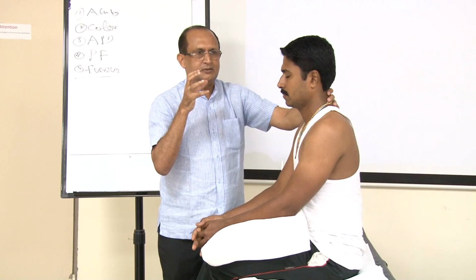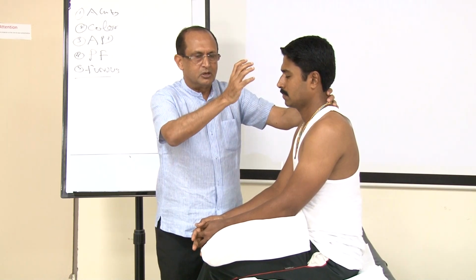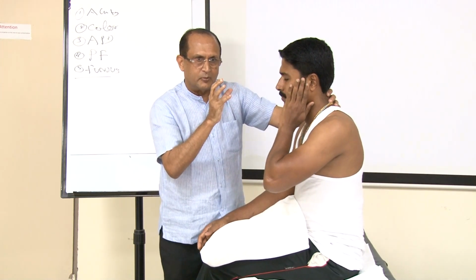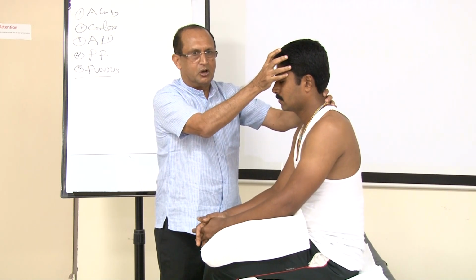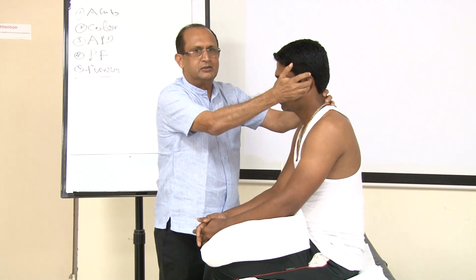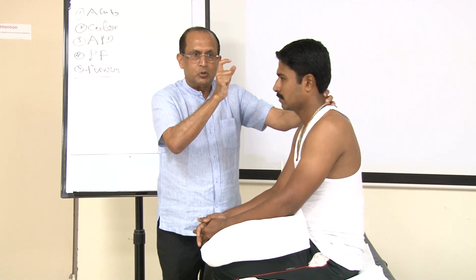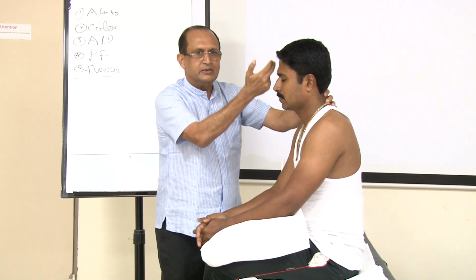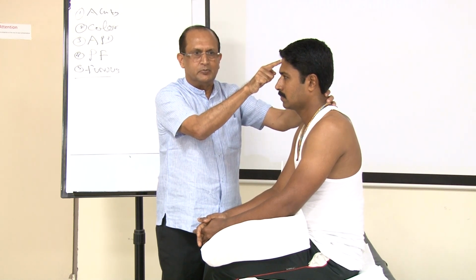The light falls on the retina, and this is conveyed through the macula to the optic disc. Through the optic disc it goes to the optic nerve, then the optic chiasma, then the optic tract, then the lateral geniculate body. Here the fibers for the pupillary reflex leave the lateral geniculate body and go to the pretectal nucleus in the midbrain.